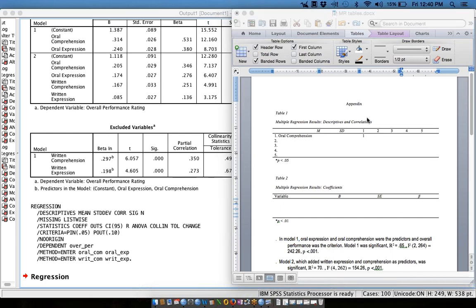Now, let me take the mute off and see if there are any questions. My question was, I think I ran them backwards. And so all the numbers in Model 2 are the same, but it changes the R squared. Well, yeah, it does change the R square.